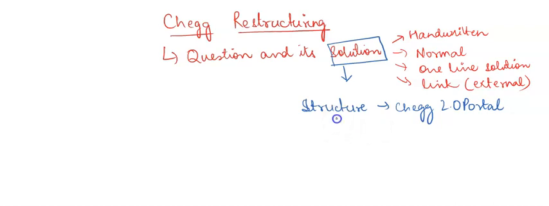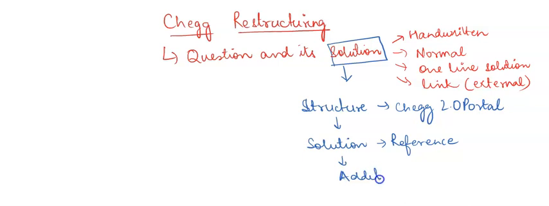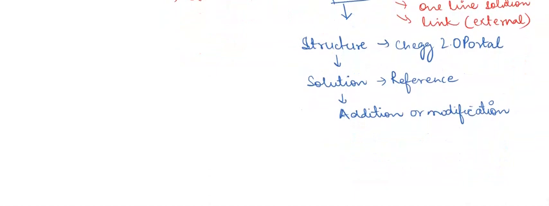During the structuring, you have to take the solution as a reference material and then create your structuring according to it. If it needs some addition or modification of information, you have to do that for the structuring.